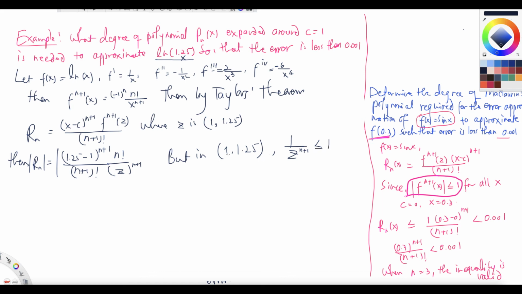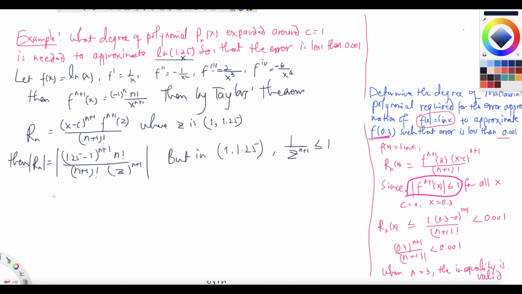At g equals 1, it equals 1. But at g equals 1.25, it is 1.25 to the exponent n plus 1, a bigger exponent, meaning the whole fraction will be less than 1. So either way, in this interval, that value is less than or equal to 1.